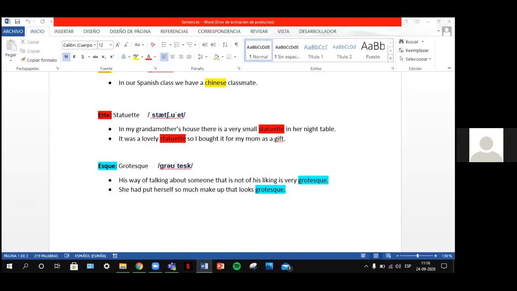In my grandmother's house, there is a very small statue in her night table. And it was a lovely statue, so I bought it for my mom as a gift. And the last one is grotesque. His way of talking about someone that is not of his liking is very grotesque. And finally, she had put herself so much makeup that she looks grotesque.